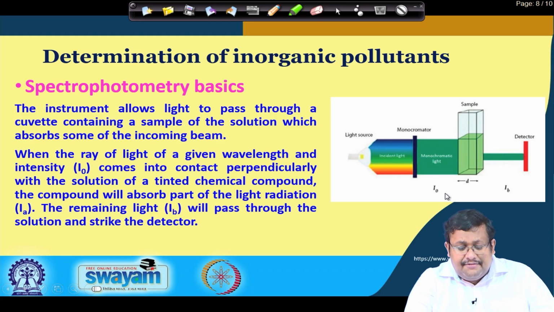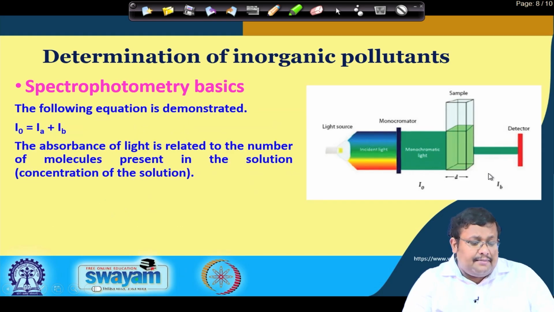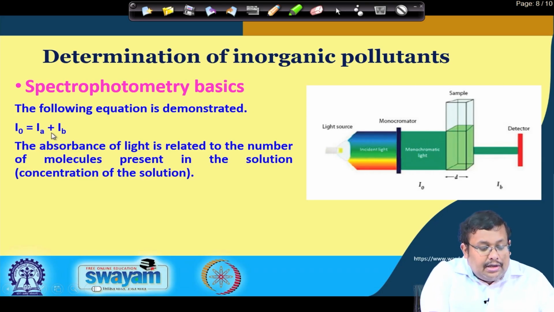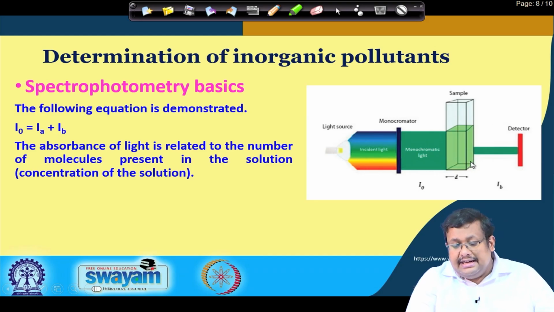If we combine IA plus IB, that will sum up to the incident wavelength intensity, and D is basically the path length. So, this is the basic. The following equation can be demonstrated, where I0 equals IA plus IB. I0 is the total, where IA is the absorbed intensity and IB is the transmitted intensity.